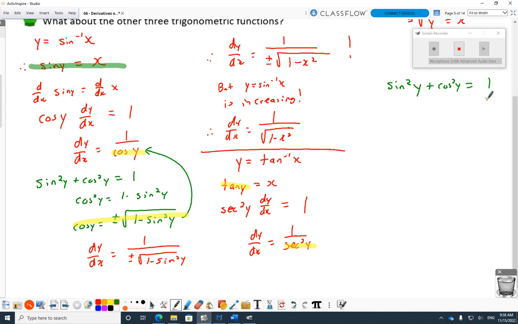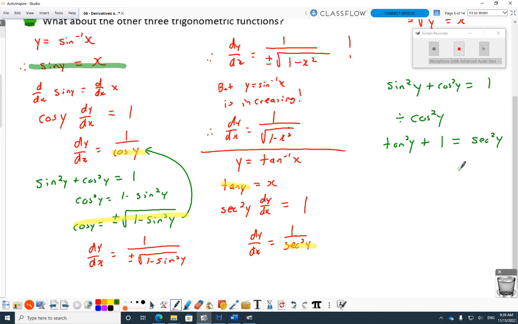Divide this whole thing by cos squared y, and watch what happens. The magic happens. I don't need the trig toolbox for this. Sine squared over cos squared is tan squared. Ooh, I'm happy. Tans. Cos squared over cos squared is 1. That's nice. And 1 over cos squared is secant squared.